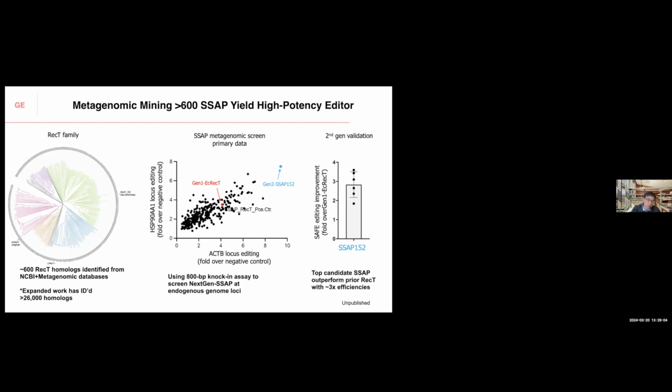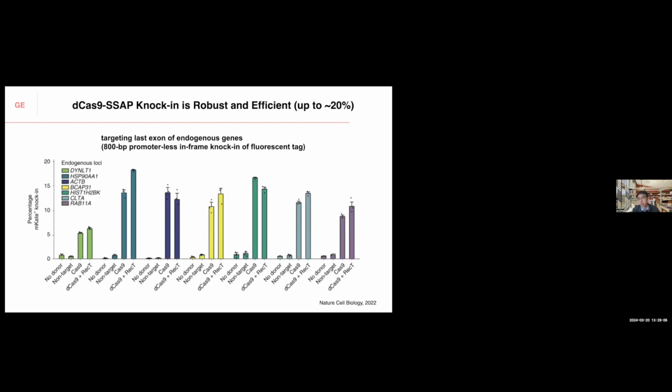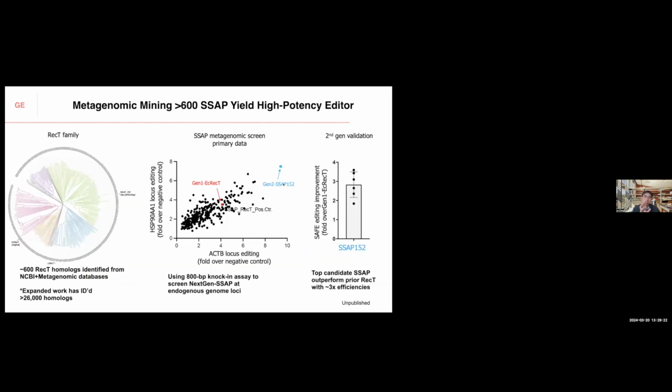Because we observe variable efficiencies of the system depending on the specific locus, I wondered, can we find a more robust system by nature, essentially looking into the natural diversity of these SSAPs? And indeed, because these are phage-encoded proteins, we can find hundreds of them in NCBI phage genomic databases shown on the left.